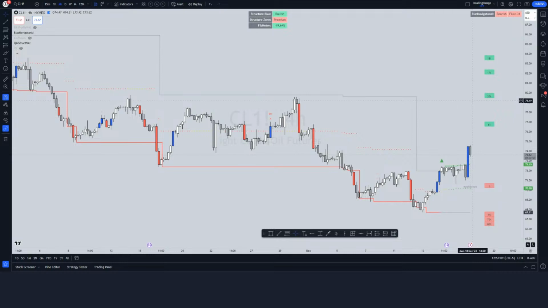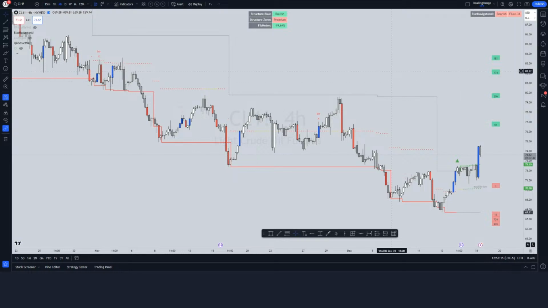Like, where is the liquidity? Where are the pending orders sitting? Okay, it's an approximation of key levels or key zones above and below price, where you could see a potential draw on liquidity.